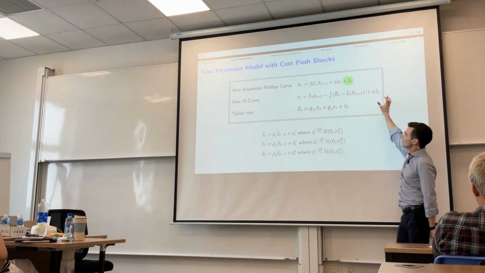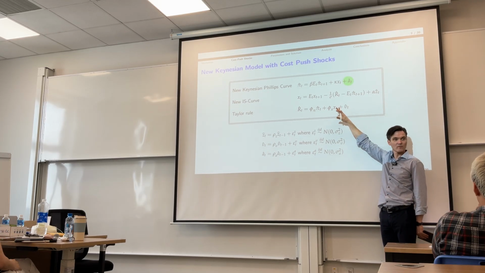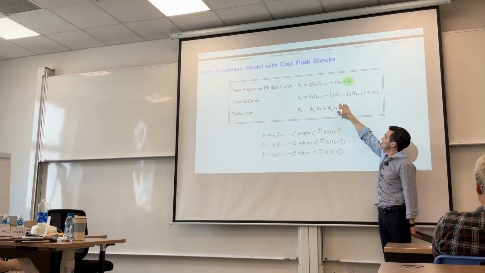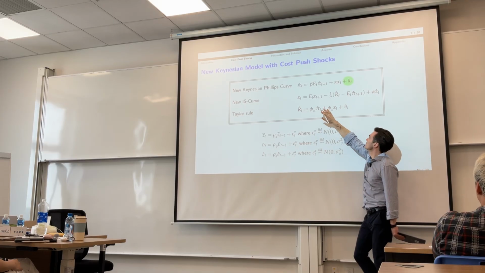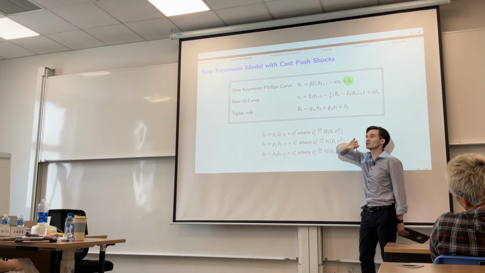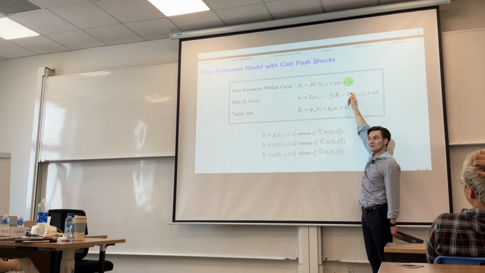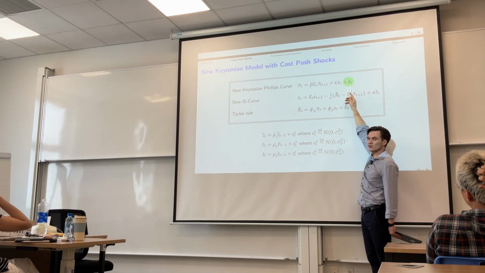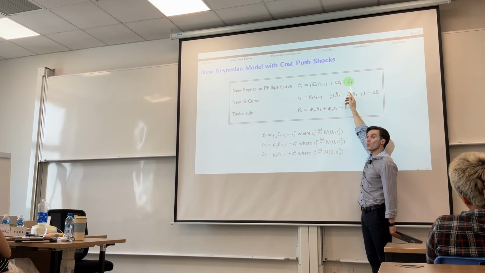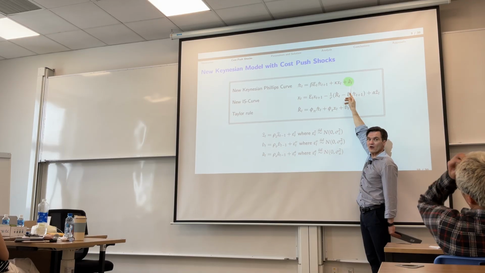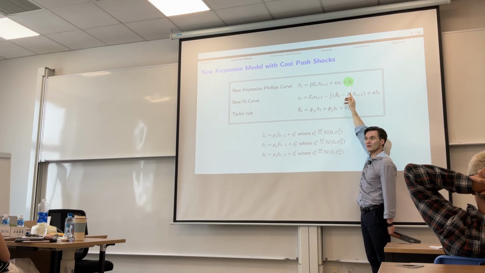So this is exactly the New Keynesian model that we discussed so far. There's the Taylor rule, there's the new IS curve, and there's the Phillips curve, and there's one additional shock in there. There's a shock I named as AT, other papers have this as a UT, and I'm going to explain where the shock comes from, and then I'm going to show you what that shock does.